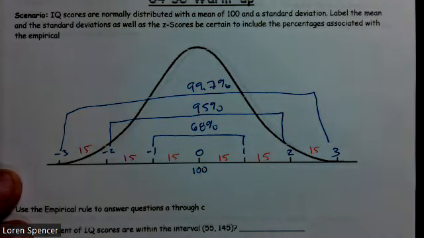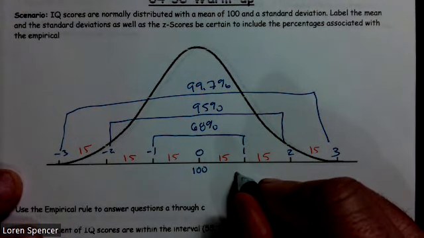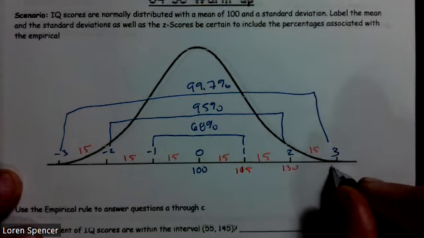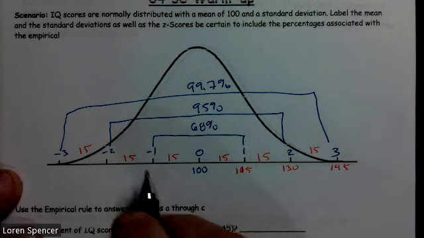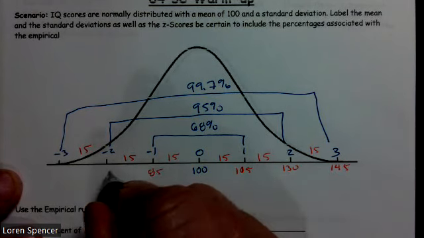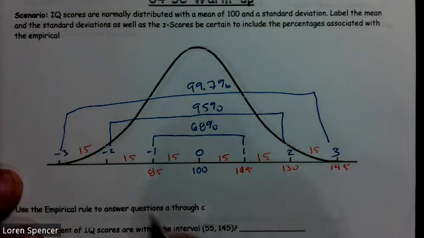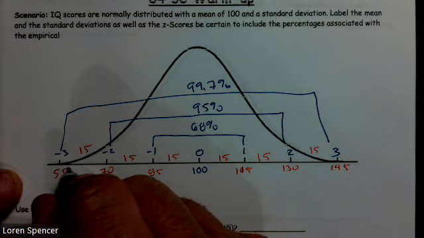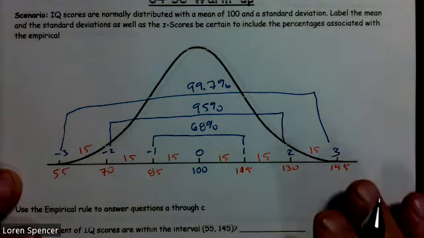So there we go, which means we're just adding one standard deviation to be at 115. This will be at 130. This will be at 145. Taking away 85. Then we're down at 70. Now we're at 55.